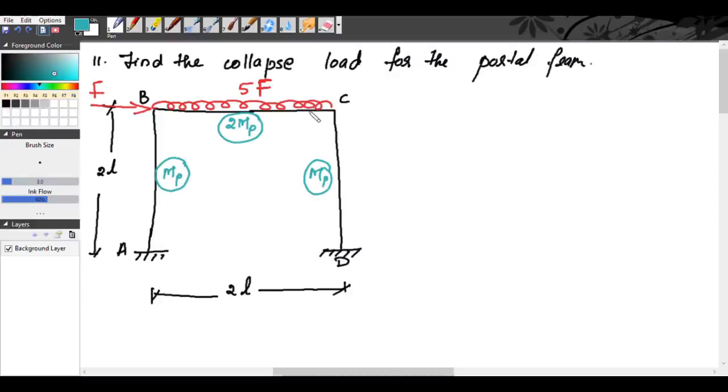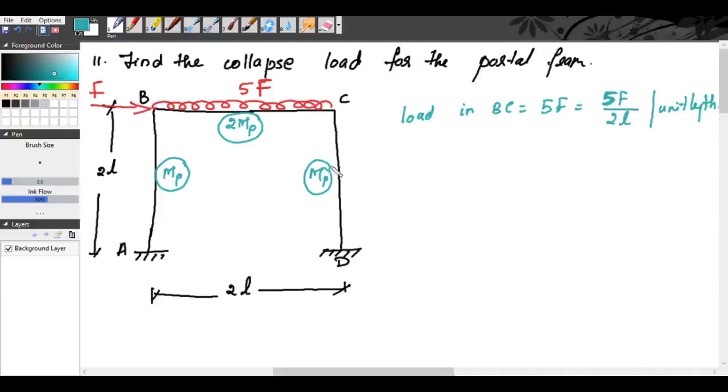Okay, now I will write that first. Your load in the span BC is 5F by 2L per unit length. Now you have to use this 5F by 4L while taking the external work done.